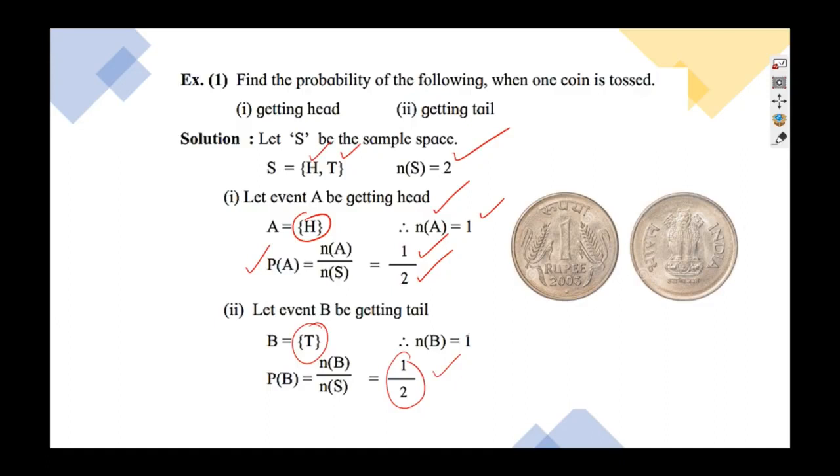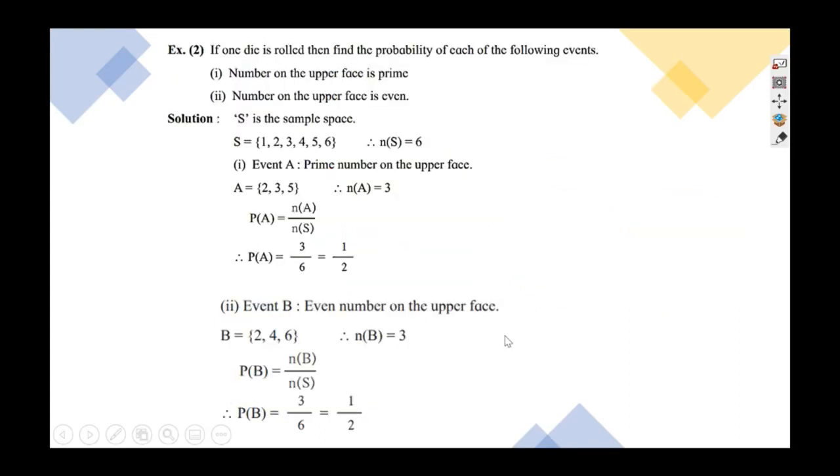And mathematically we write it in the form of 1 upon 2, a fraction, which is derived from the formula we just understood: number of sample points in the given event, and number of sample points in the sample space, that can be the total. Okay, in this way we will substitute the values in the formula and do the rest of the sums given in the textbook.